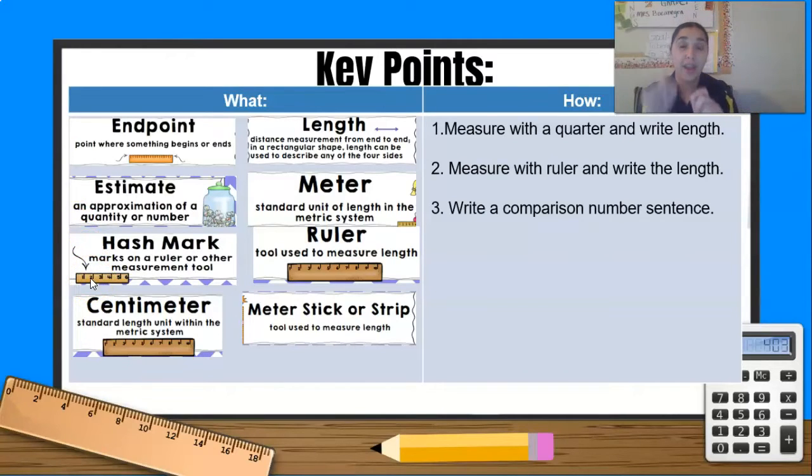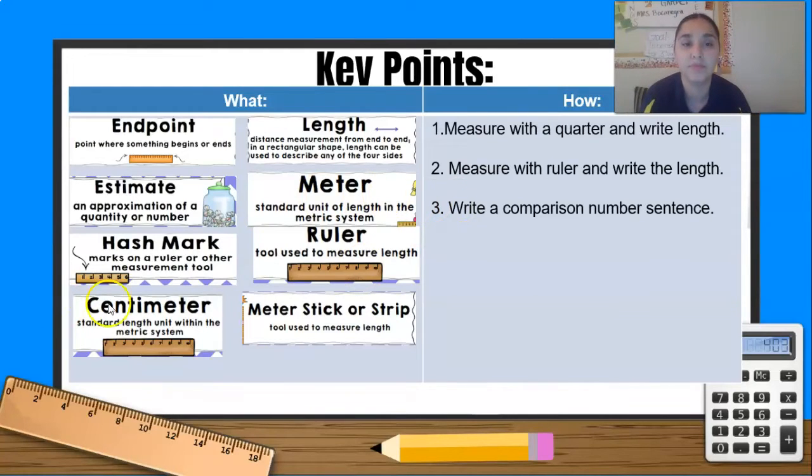And we also make hash marks every time we measure. Now, we need to know what a centimeter is because a centimeter is a standard unit and we're using the ruler. And the ruler is a tool that we use to measure length. But what is length? Length is the distance from one end to the other of a shape.